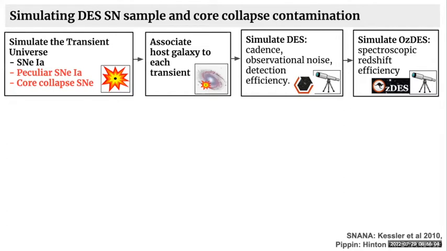And I want to highlight that the process that we try to follow is to start from first principles, what we know about the universe, about supernovae, about their hosts, and try to forward model: given our astrophysical knowledge and instrumental knowledge of DES, can we reproduce what we expect to see from DES?